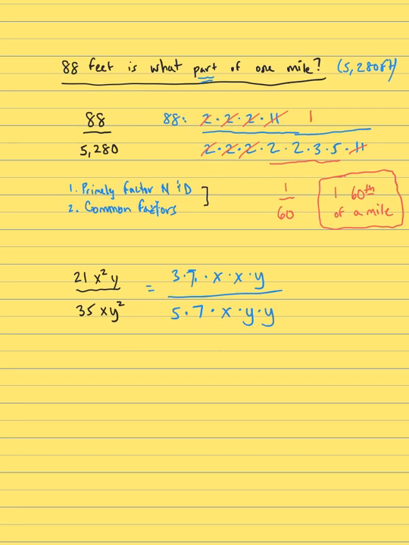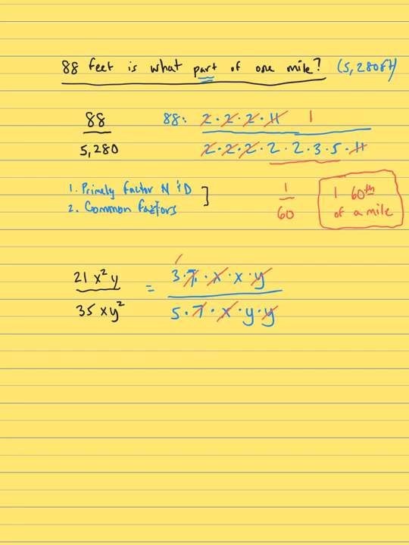And now we're going to look to see if we have things that we can cross out, okay? My 7's are gone. And again, think about what we just did. We just divided top and bottom by 7, okay? In reality, we divided the fraction by 1, which is part of the identity property. The x's can be gone, the y's can be gone. That seems to be about it.